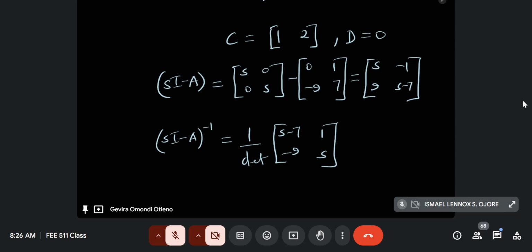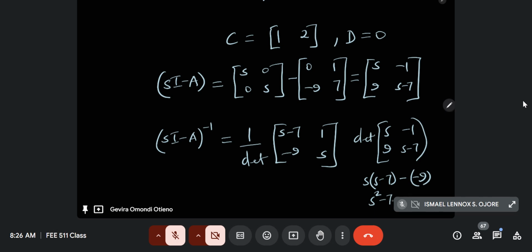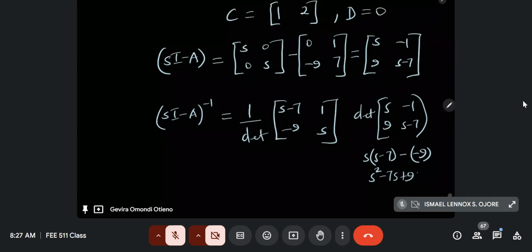And then, of course, you have to get the determinant. The determinant of this matrix, S minus 1, 9, S minus 7, should be S into S minus 7, subtract minus 9. So that will be S squared minus 7S plus 9. Okay, so now this was just a side math.